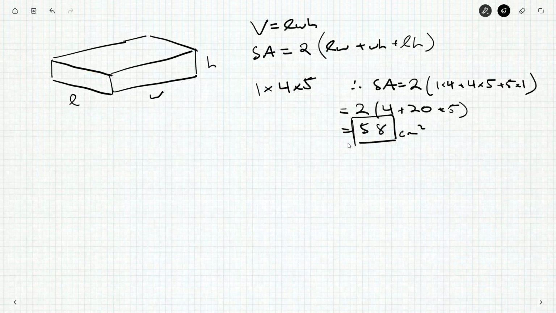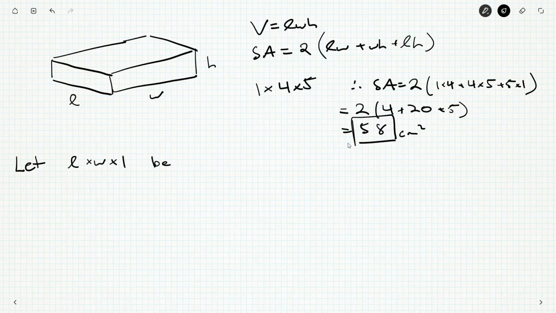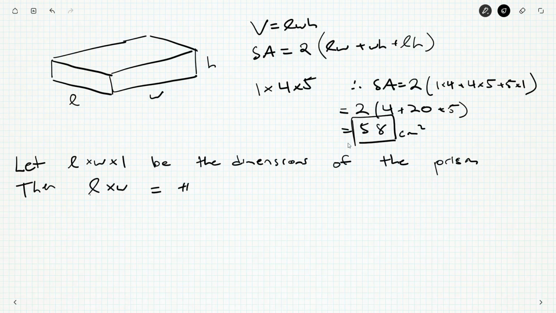Okay, so let's let length times width times 1 be the dimensions of the prism. So let's state right off the bat that length times width is the number of cubes, and that was what they asked for, right?